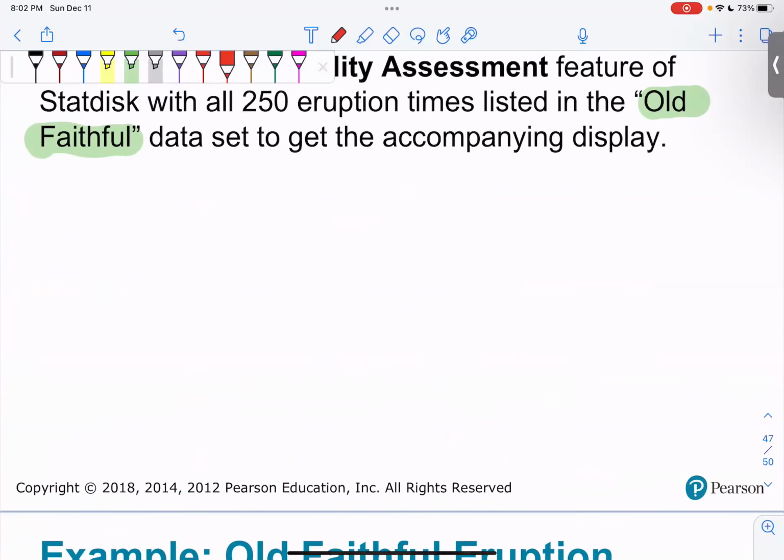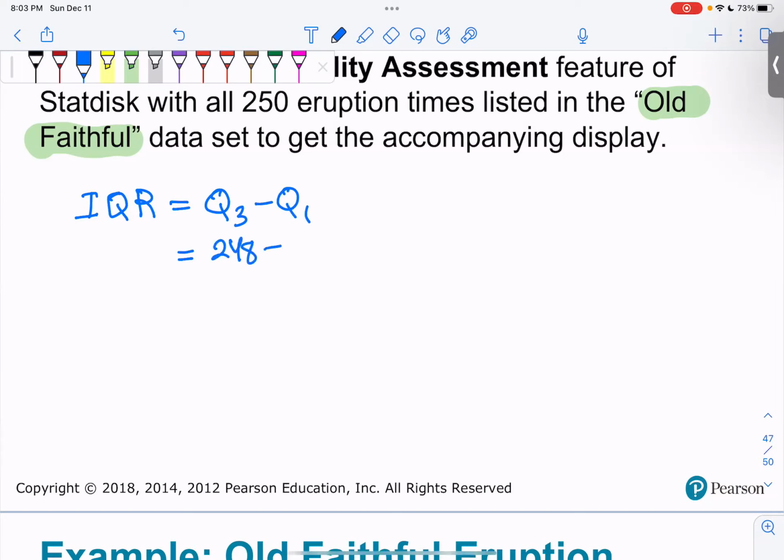Okay. So now the value of IQR, if you remember, is equal to Q3 minus Q1, which is equal to 248 minus 227. And if we calculate those values, this is equal to 21.